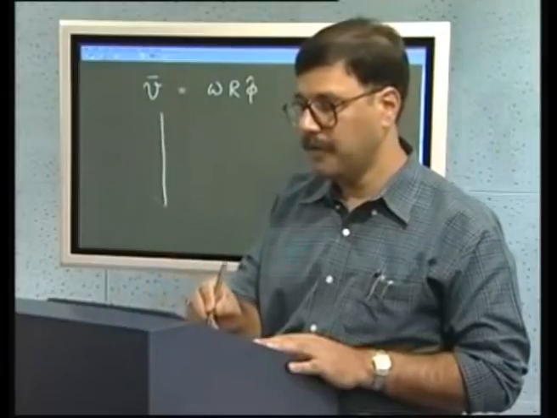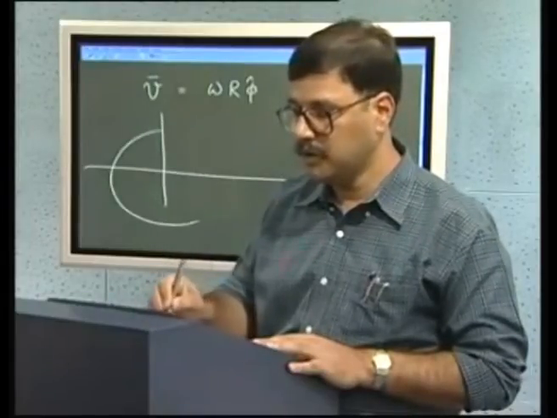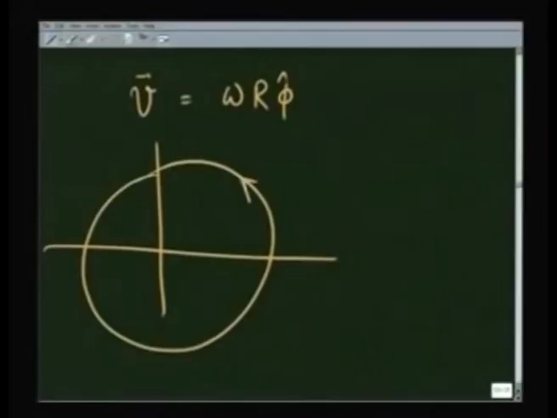That is, if a particle is moving around in a circle, it is moving in direction phi with the speed omega r, where r is the radius of the circle and omega is the angular speed of the particle.